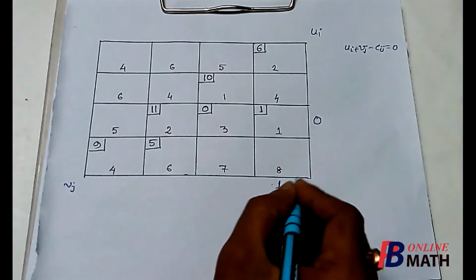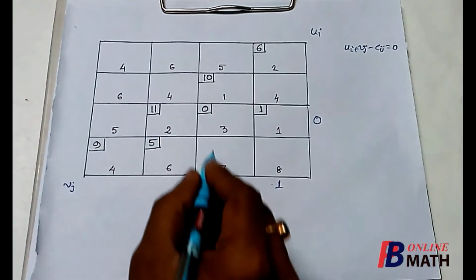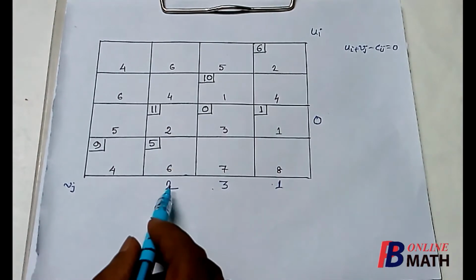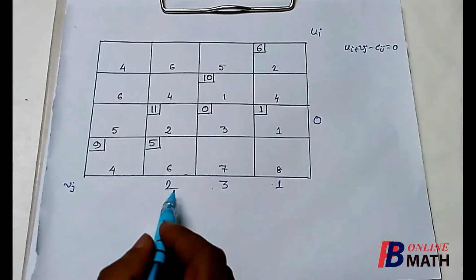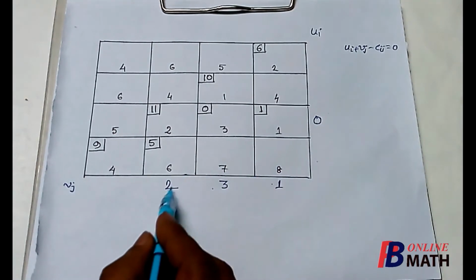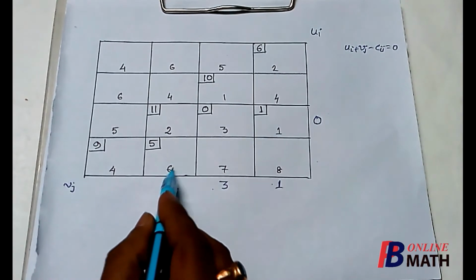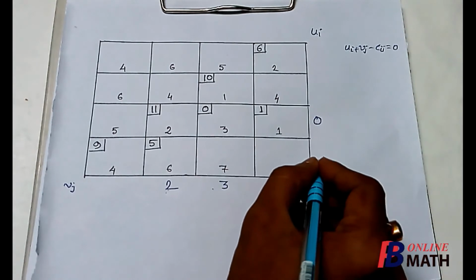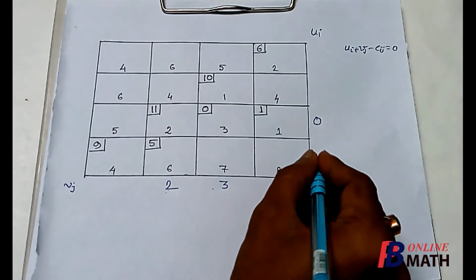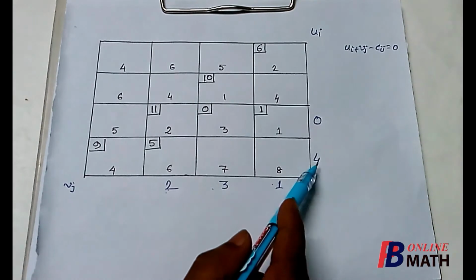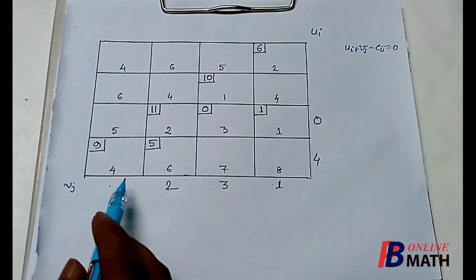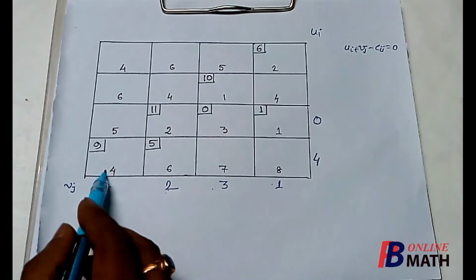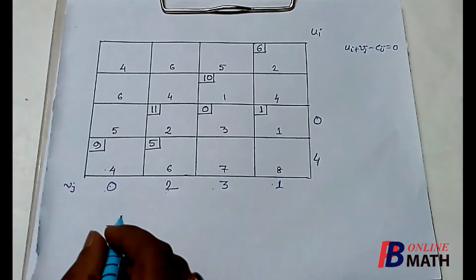So this is 1. Similarly, this will be 0 plus this minus 3 equal to 0. So this is 3. This is 2. Now using this value, we can find this value, ui plus vj minus cij equal to 0. So it will be 4. Now using this value, we can find this value, so this value will be 0.